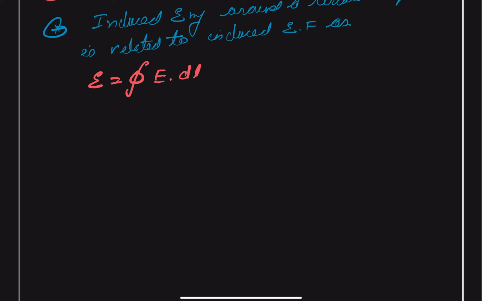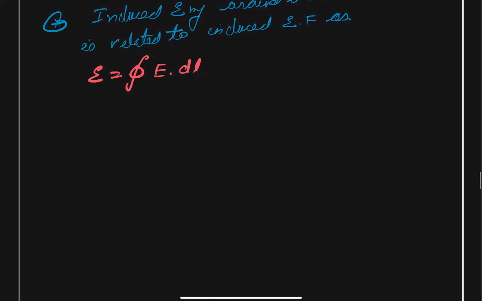For a circular path of radius r, the electric field is uniform along the loop. So this comes as E times the integration of dl, and the radius of the loop is given as r. The small elements will be added, resulting in the circumference of the loop. So we can write this as E into 2 pi r.